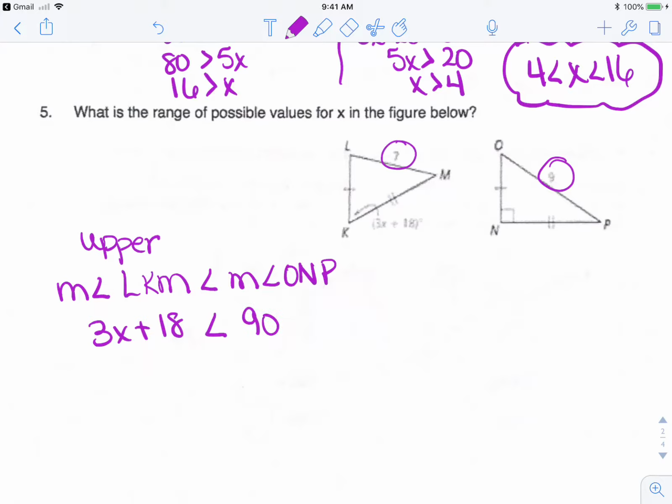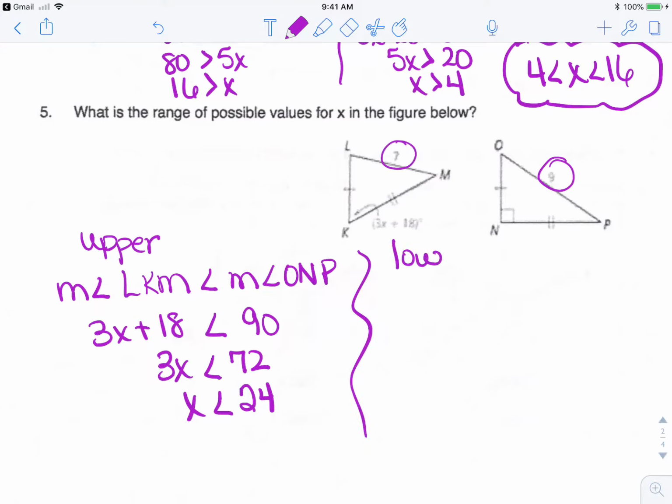Subtract 18 on each side. And I know that x has to be less than 24. 24 is our upper limit. Or our lower limit. My smaller angle is triangle LKM, so I'm going to take the measure of angle LKM, and I know that that has to be greater than 0.